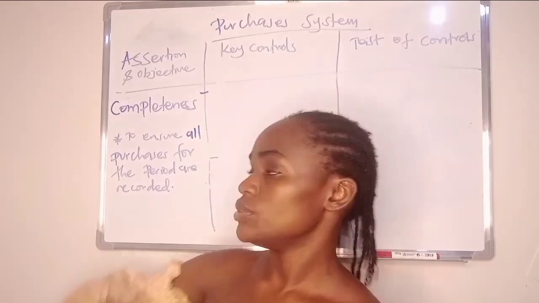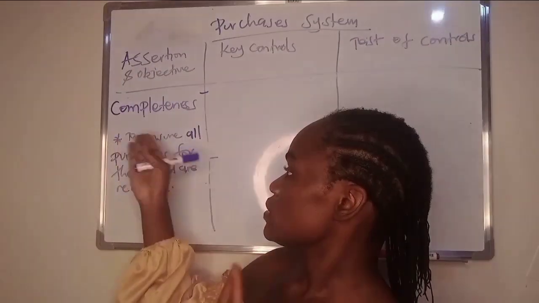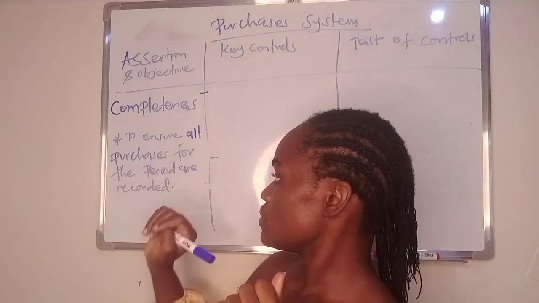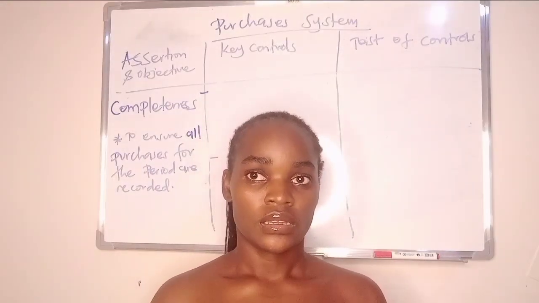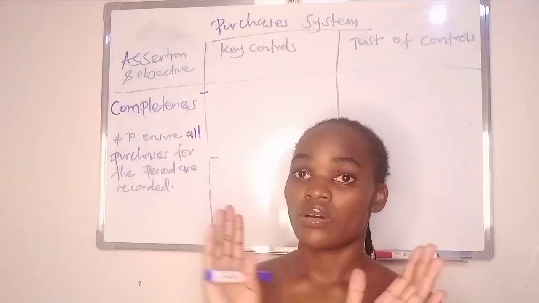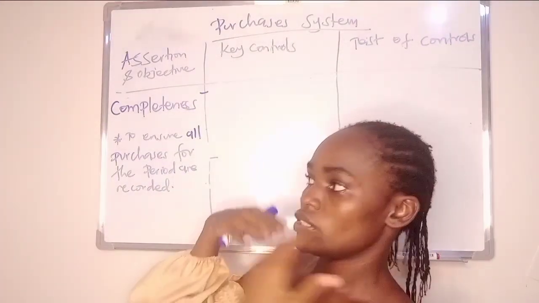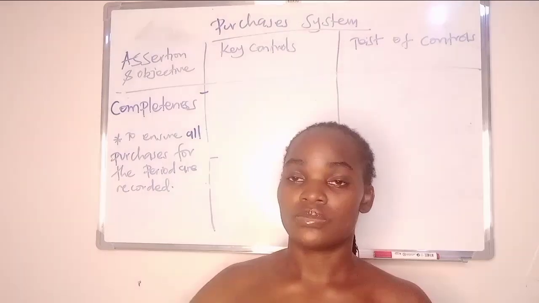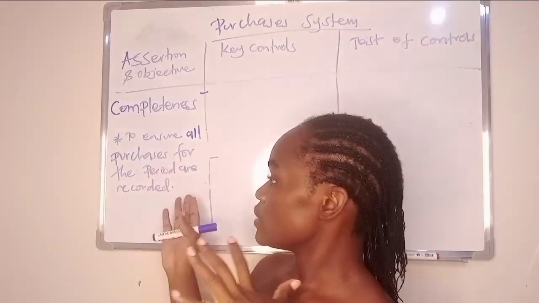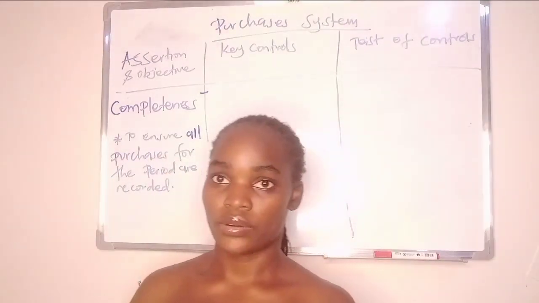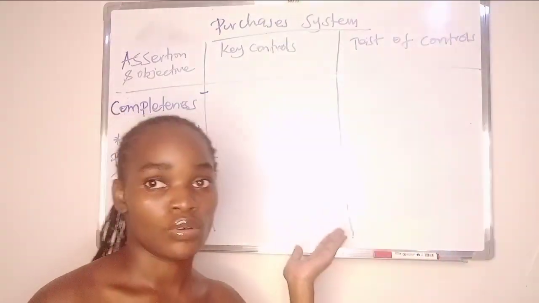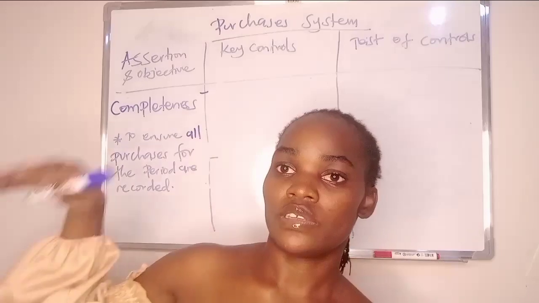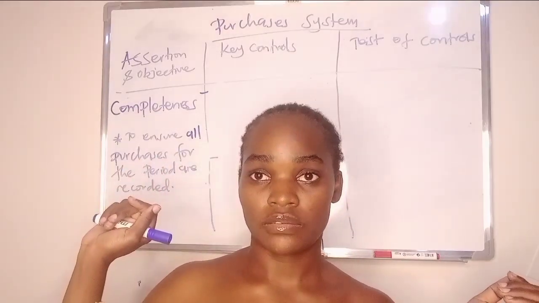The objective of this assertion is to ensure that all purchases for the period are recorded without missing anything. So how can management achieve this objective? How can management make sure that all purchases for the period are recorded? That's when we come up with the controls to achieve this objective.